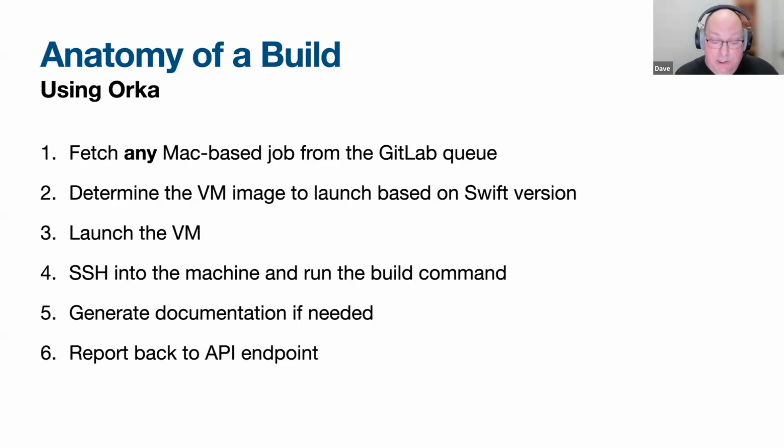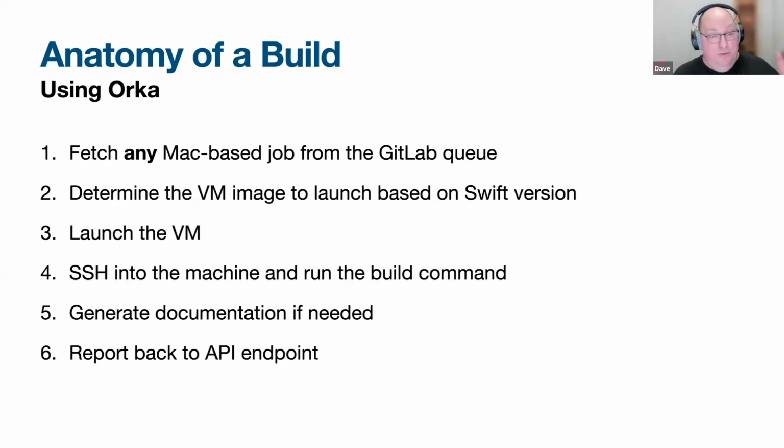The other major advantage of this system is that because we're spawning VMs based on the specific job that's coming out of the queue, we have no more kind of lumpy load problem where we had one machine that was processing two versions of Swift and two machines that were processing one version of Swift.